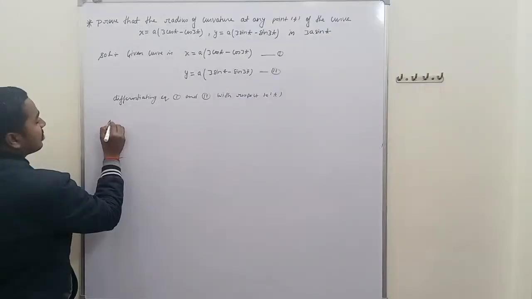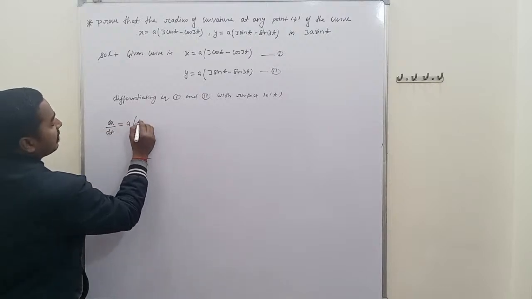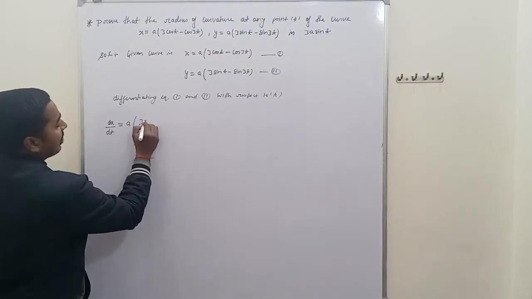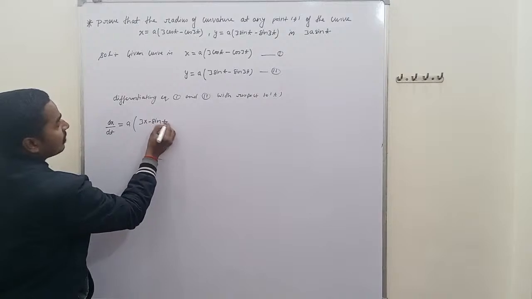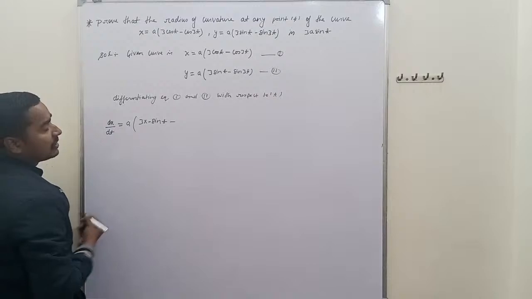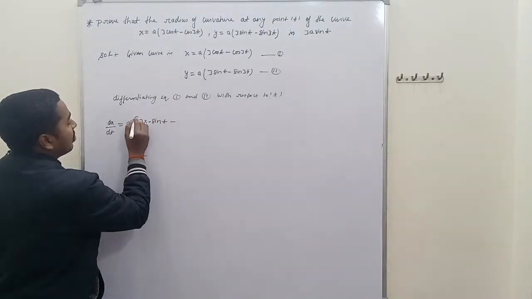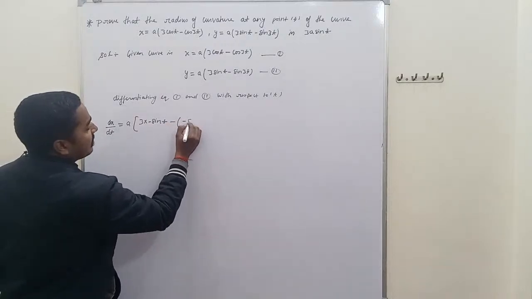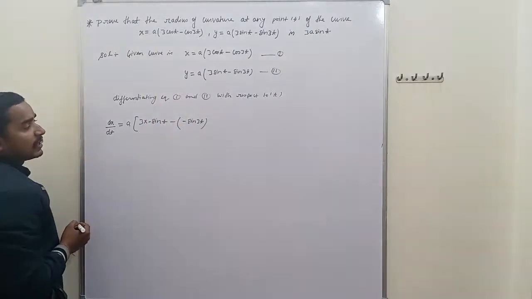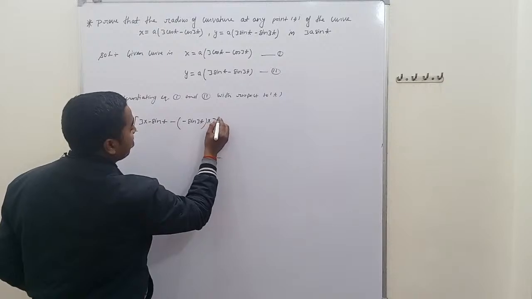This is given by dx upon dt equals a, and 3 times the derivative of cos t with respect to t, which is minus sin t, and minus cos 3t differentiated with respect to t gives minus of minus sin 3t, and again 3t differentiated with respect to t gives 3.